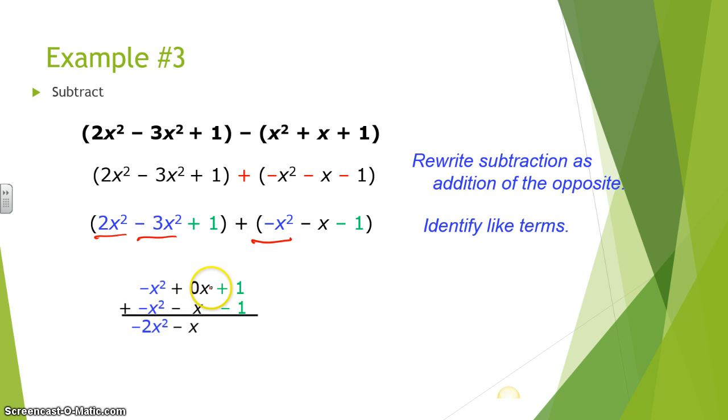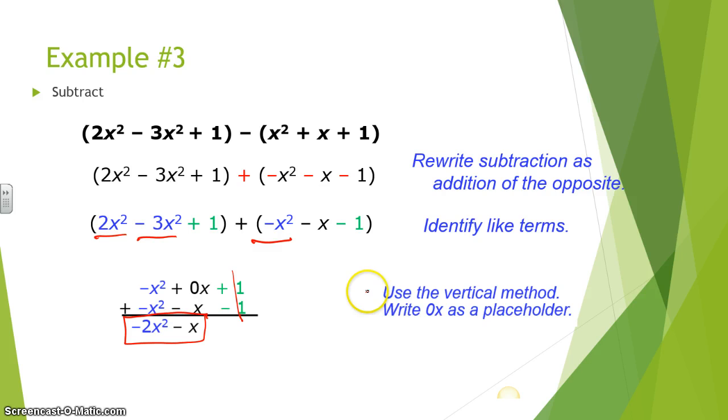So notice how this plus 1 minus 1 cancels to become 0. A 0x minus an x is just a negative x. Negative x squared becomes negative 2x squared. So when we add this together, we get negative 2x squared minus x, and that will be my final answer there.